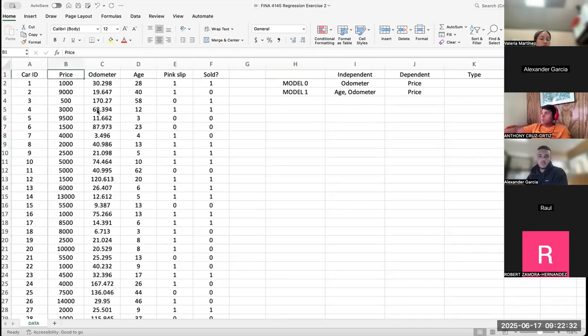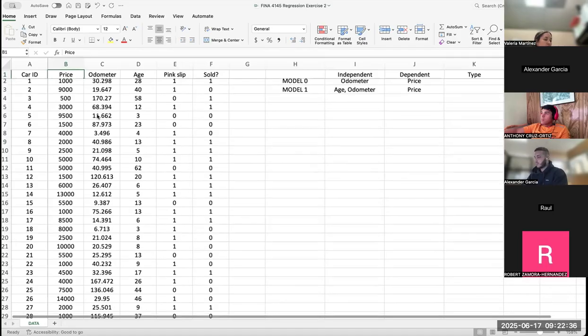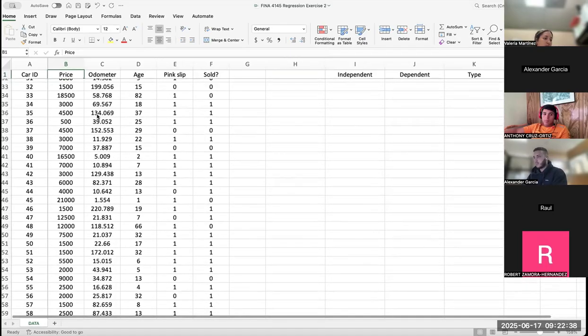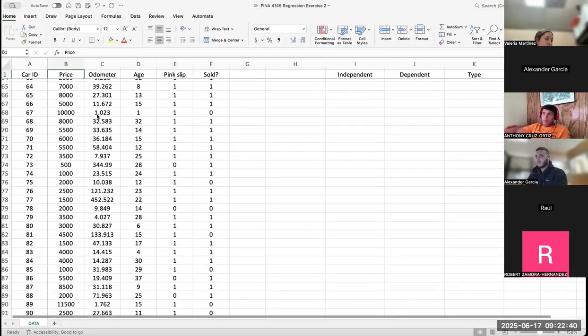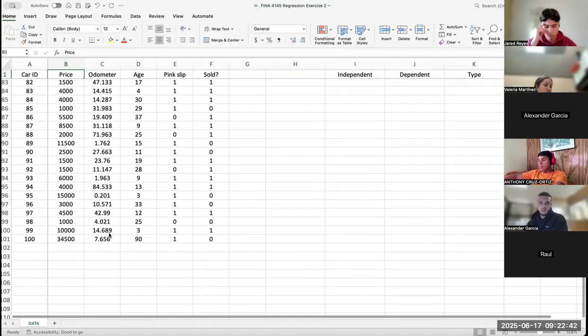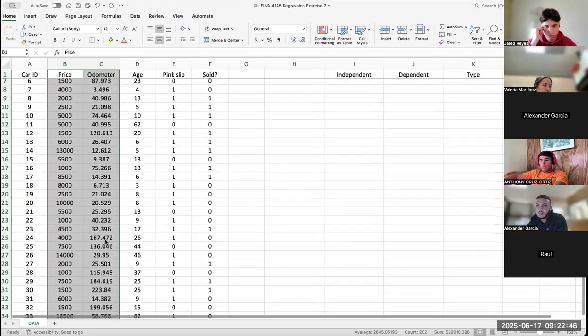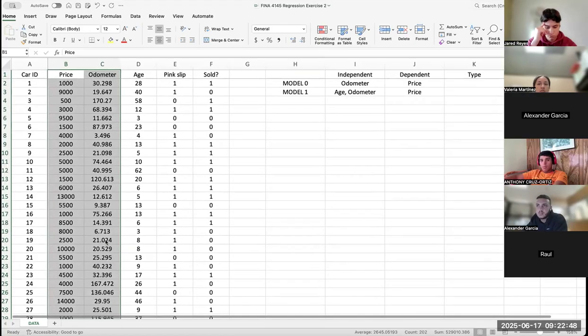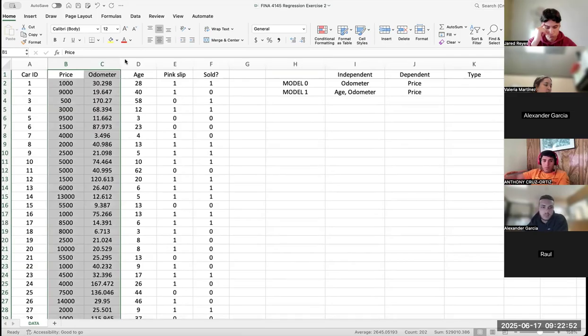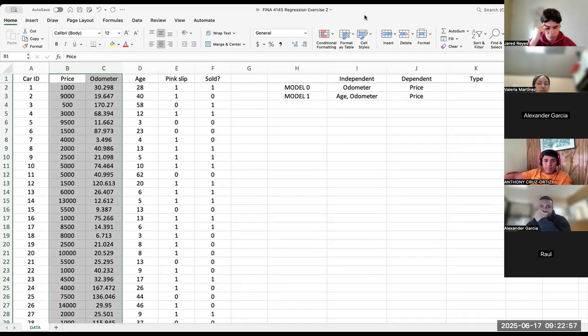All right, so we're going to highlight all the data from price to the bottom of odometer, shift and hold. And I noticed you can't see when I hit the menu.